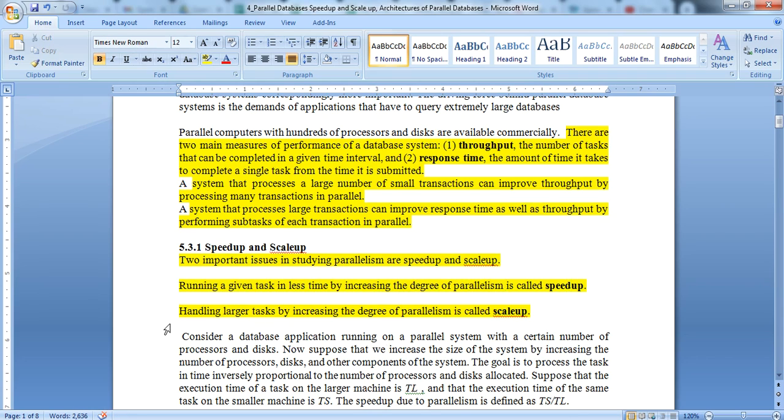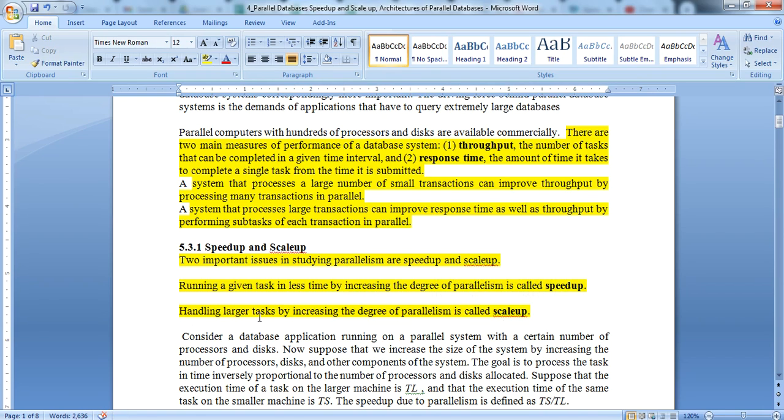That is how the process speeds up. For example, instead of giving one task to one person, it is better to give that task to 10 people. That is called parallelism, and it definitely speeds up the process. Now, handling a larger task by increasing the degree of parallelism is called scale up.